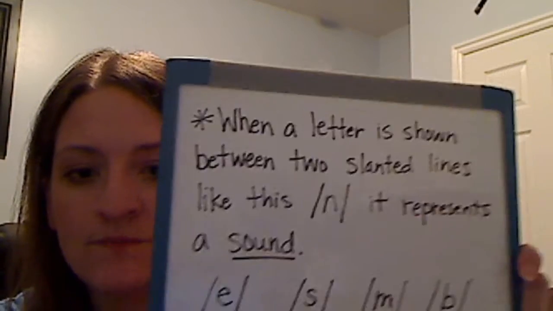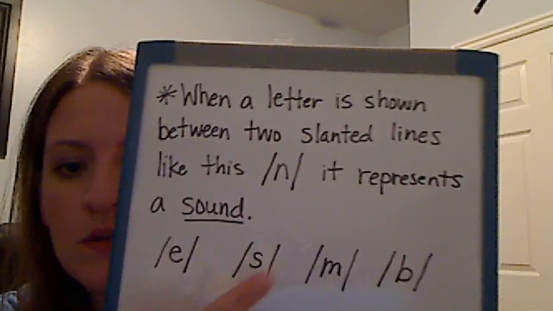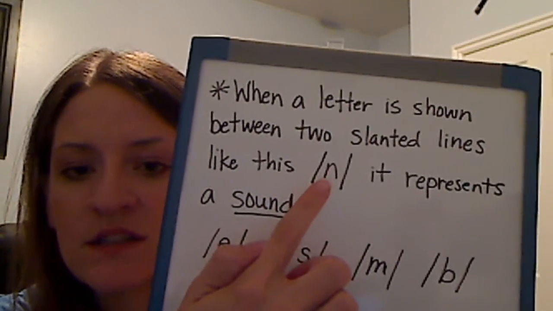Okay, first of all, see my whiteboard here. When a letter is shown between two slanted lines like this, it represents a sound.